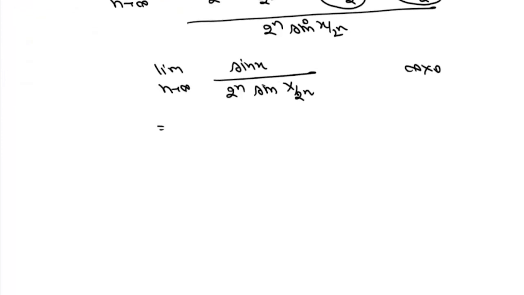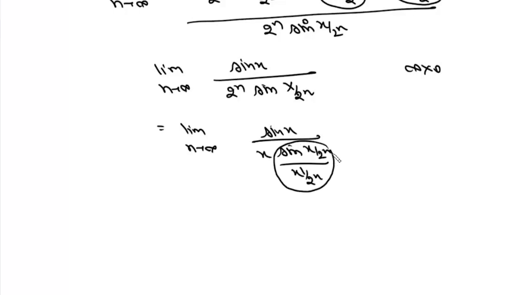So we'll write it in a standard limit, so it will be the limit as n tends to infinity of sine x divided by 1 upon 2 to the power n, with sine x upon 2 to the power n. Now we'll multiply and divide it with x. Now this is sine 0 upon 0, which is an indeterminate form whose limit is 1.